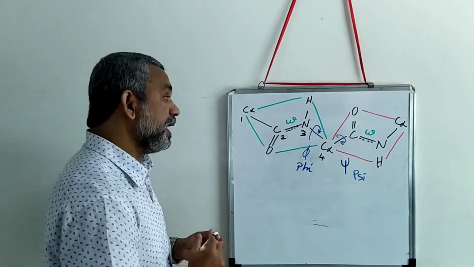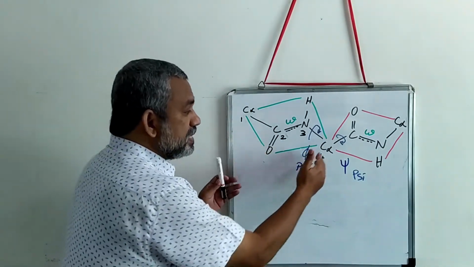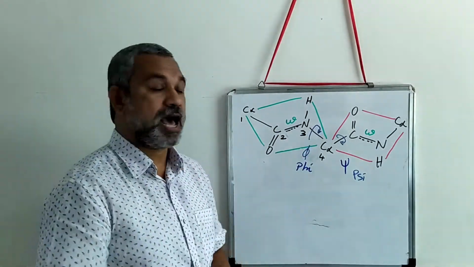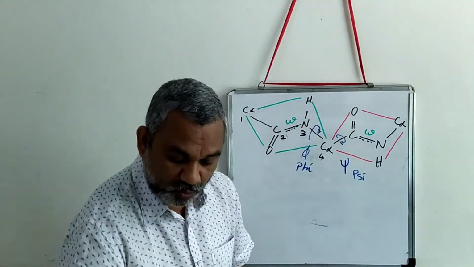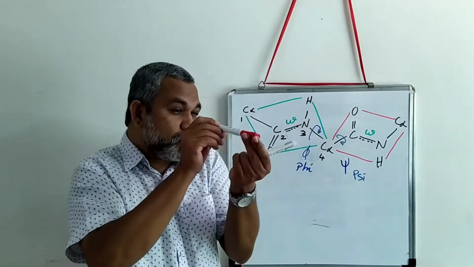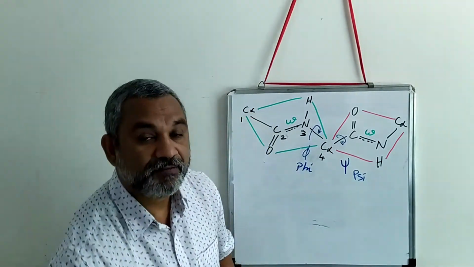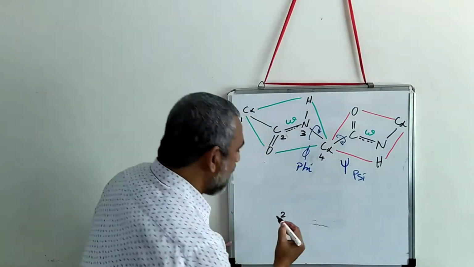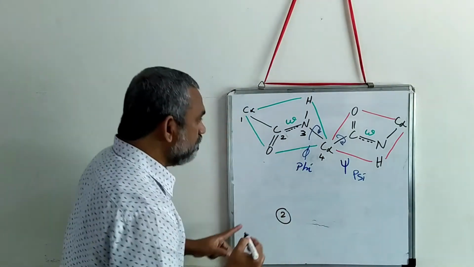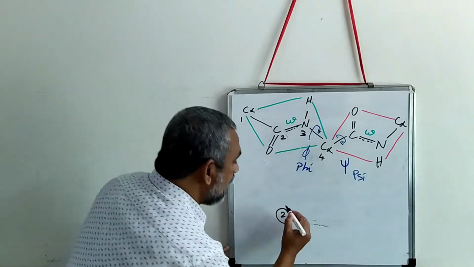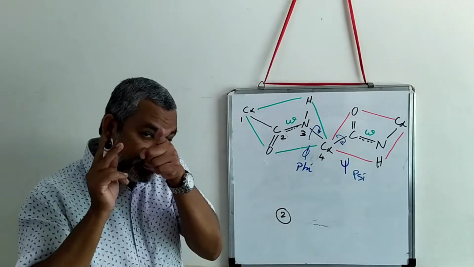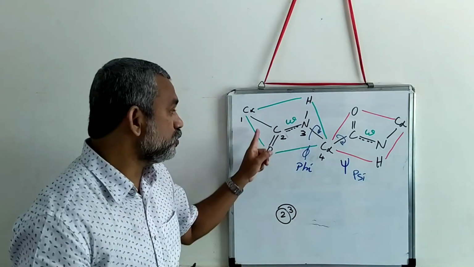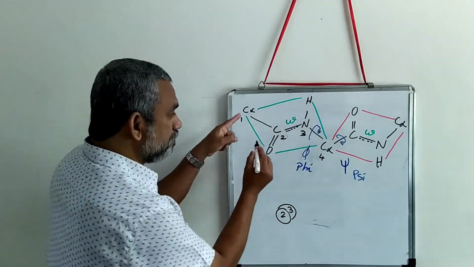When we look at this carbon atom, from the C alpha, we will look at it in this manner. Carbon number 2 and the third atom, number 3, are exactly parallel to our eyes, so they get superimposed.